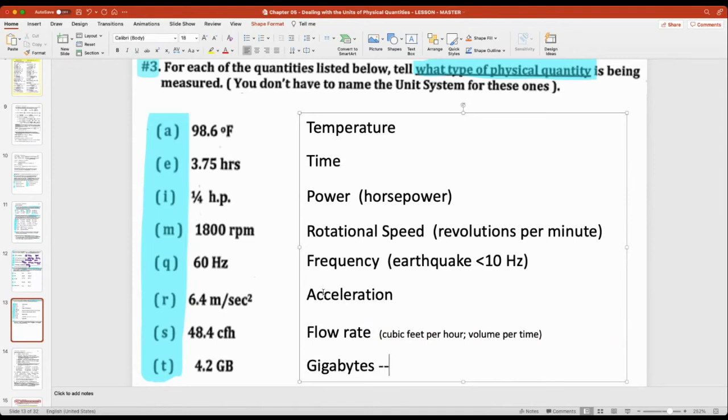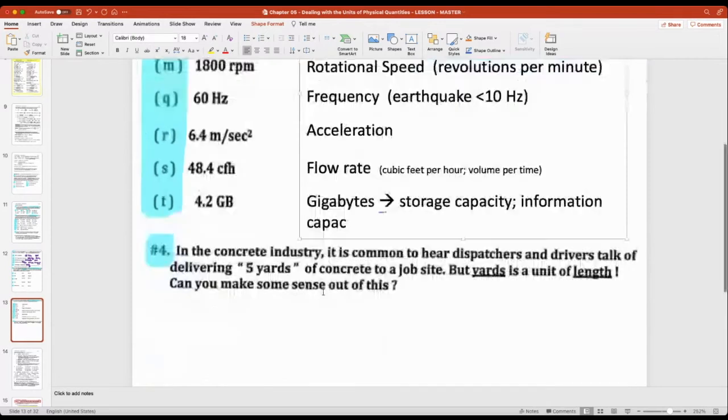So gigabytes is storage capacity. You might see something like information capacity. Yeah, so GBC, gigabyte capacity. I like that.